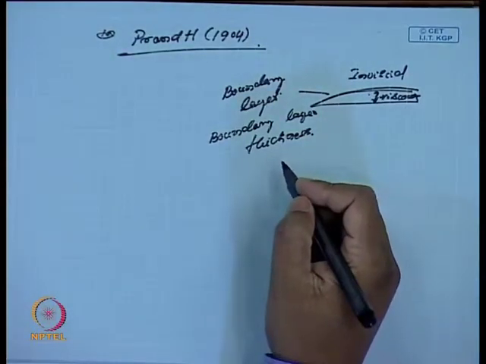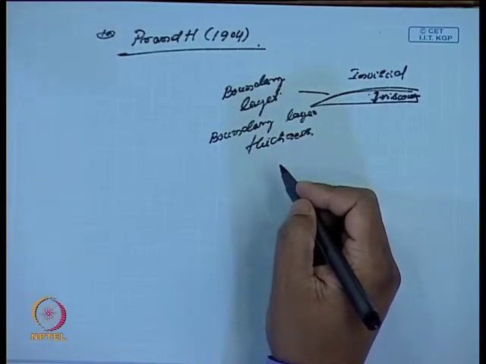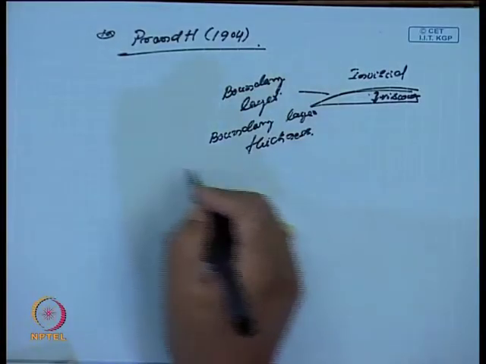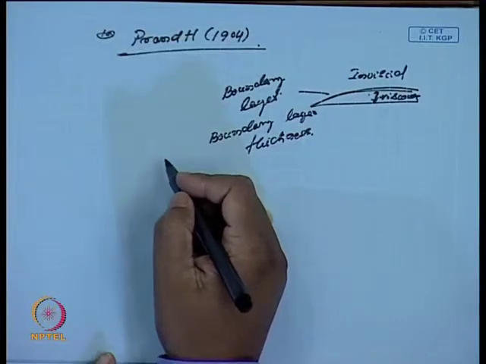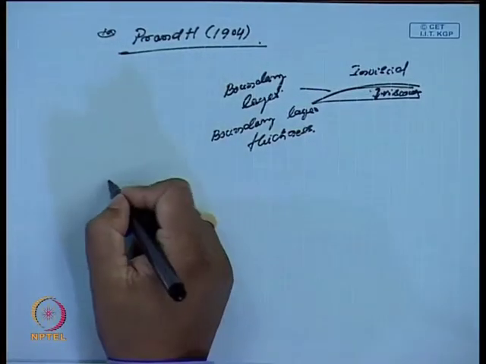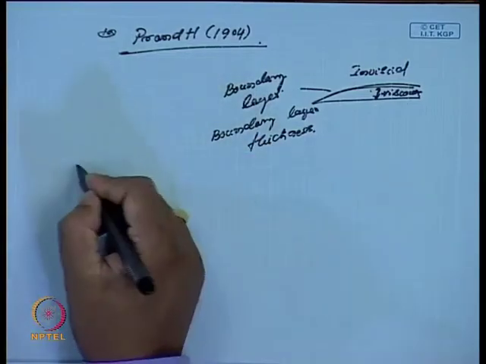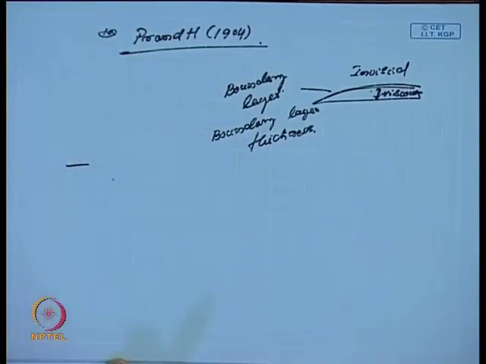I will give you one typical example of this. But basically I will first cite a few examples of the occurrence of boundary layers.